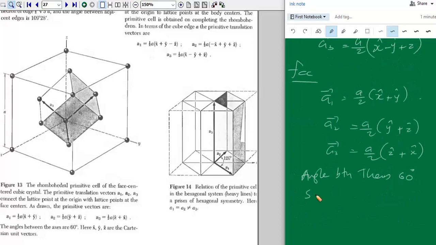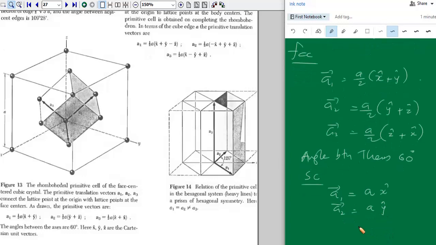In a simple cubic, the simple cubic itself is a primitive cell. Therefore, vector a1 of simple cubic is equal to a times x, a2 is equal to a times y, and a3 is equal to a times z.